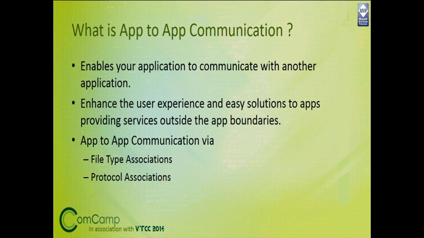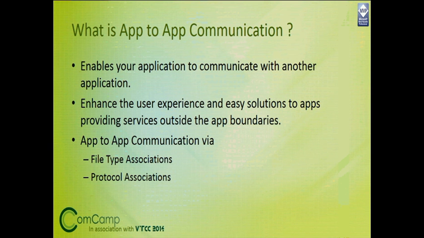App-to-app communication is generally to enhance the user experience with the phone, and it also provides easier and better solutions for apps providing services outside its boundary. If you take file association as an example, it would allow you to associate your app with the files that have a specific file extension. For example, you can have a file extension, say .senthil, and you can associate that extension to your app.